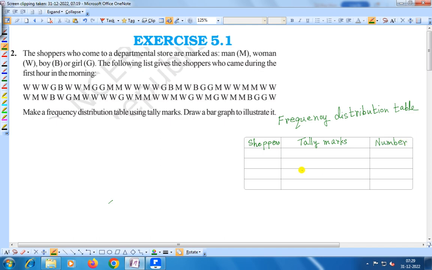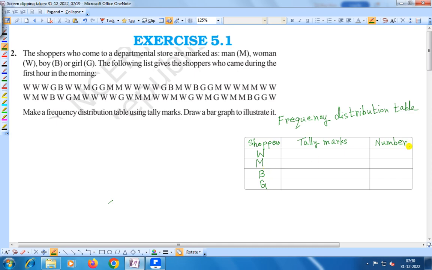Now the shoppers are women, men, B for boy and G for girl.